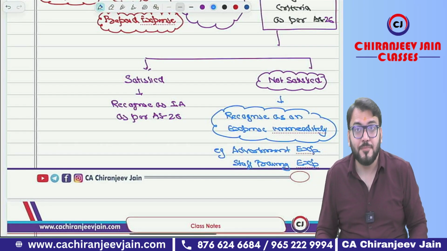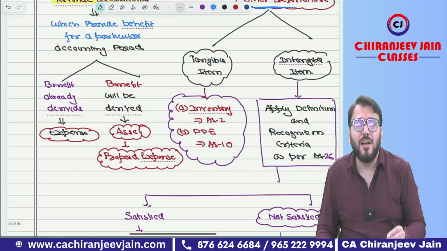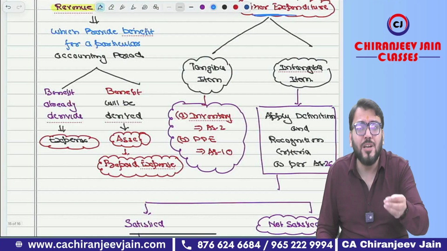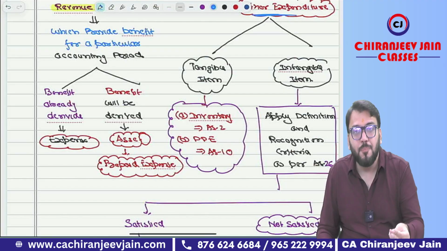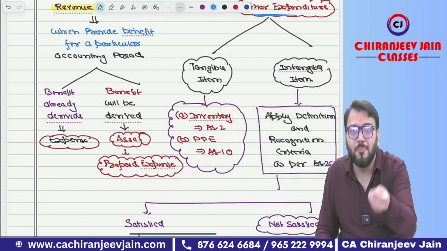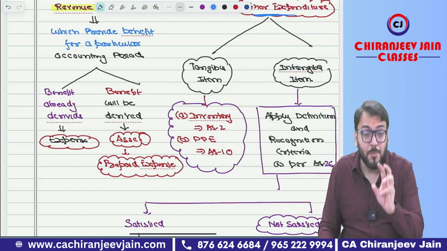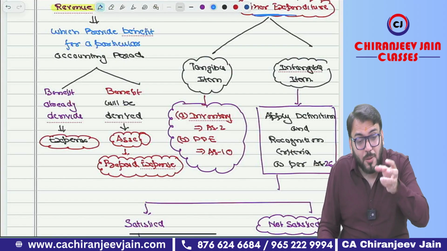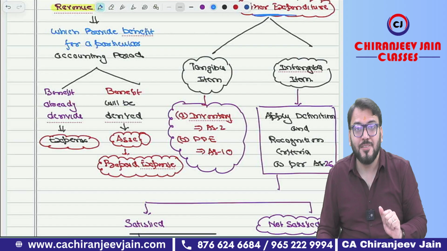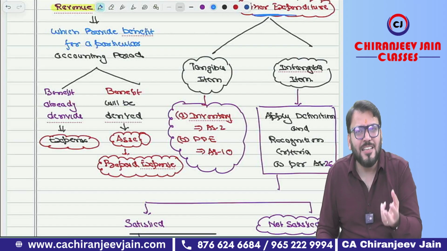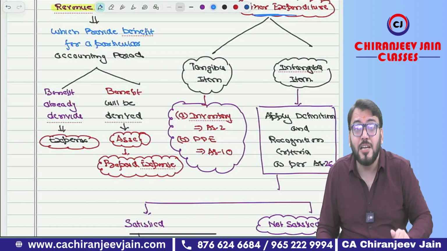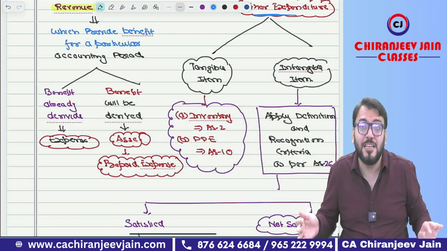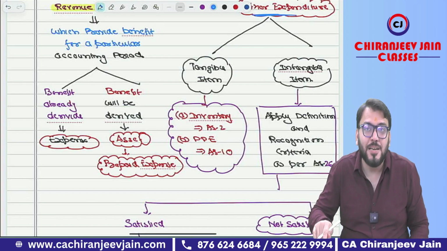Got this point? Sometimes what happens? We start developing our own intangible asset. Suppose I am developing a formula to produce some of my product. That is development of a formula, and from that formula I will produce my inventory. But here it is quite possible that we incur some expenditure and we are of the view that there will be no future economic benefit even though such development is over.